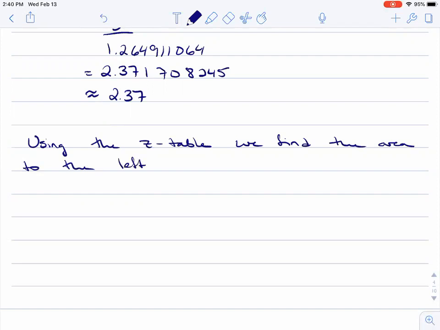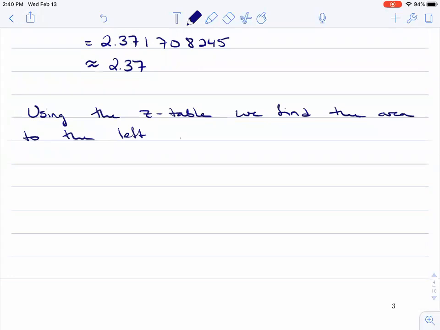The table will only give you the area to the left, so we start there, and if you need the area to the right, then you make that an extra step. We find the area to the left of Z equal to 2.37, and I get 0.9911.